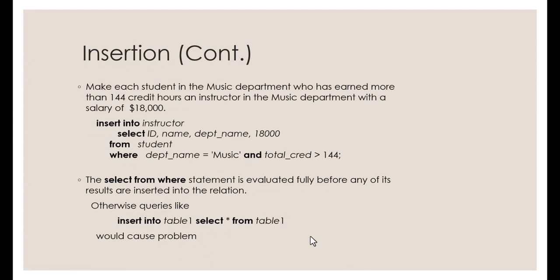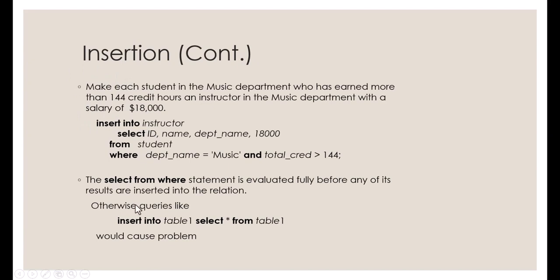Here, we're making each student in the music department who has earned more than 144 credit hours an instructor in the music department with a salary of 18,000. So we're inserting into the instructor table, and then we have select ID, name, department name, and 18,000, which is going to be the salary, from student where department name is equal to music and total credits is greater than 144.